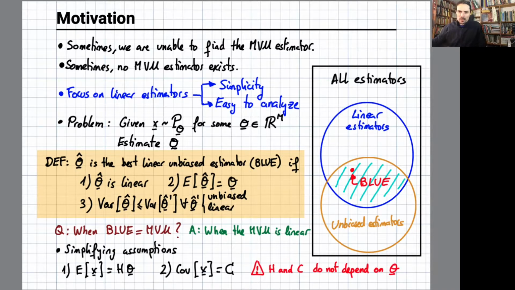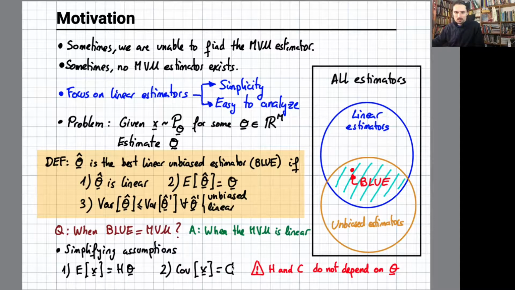To make our lives easier, we will be introducing a couple of assumptions. Specifically, we will be assuming that the mean of the data is a linear function of the parameters, and that the covariance of the data is a constant matrix.